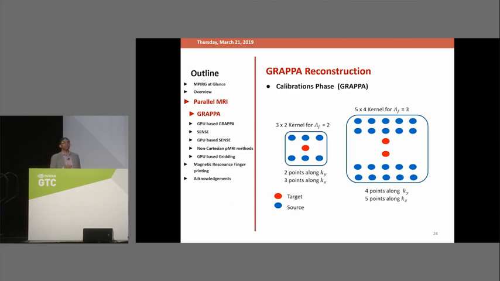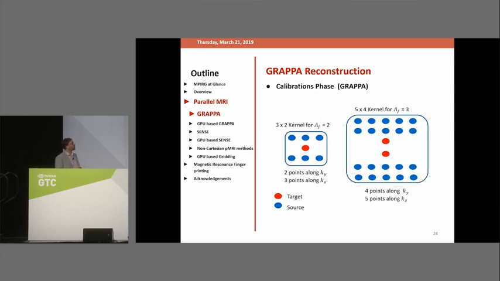For calibration purposes, the blue dots represent the source points, and the red dot shows the target point. We know both of them. So we can find the weights which fit the blue points onto the red point. Once you find those weights, they can be applied anywhere for that particular part of the K-space.